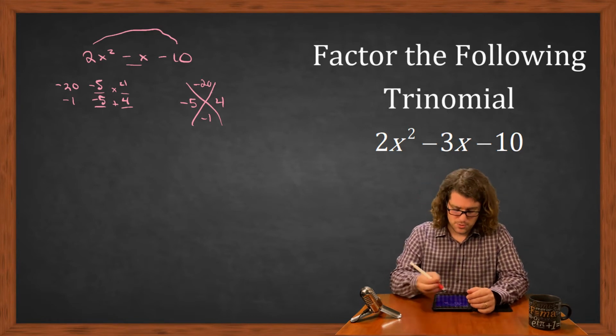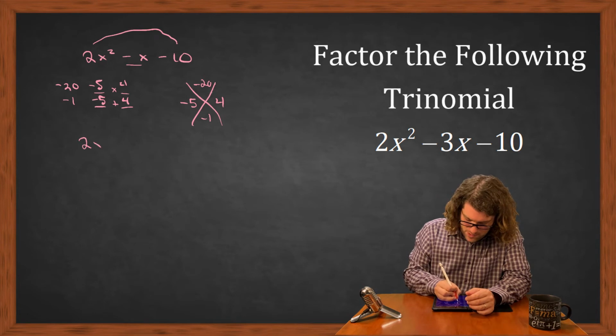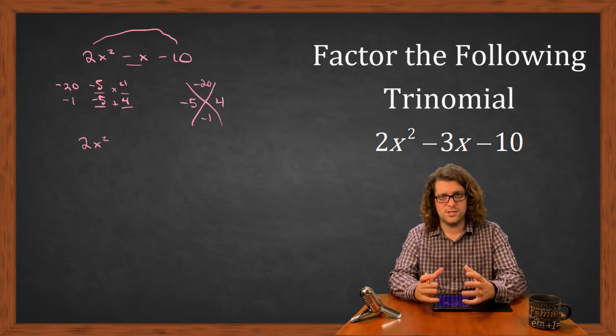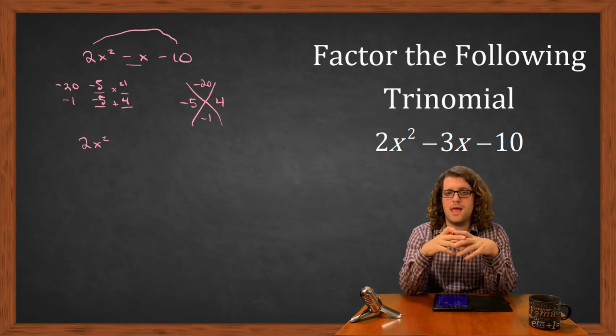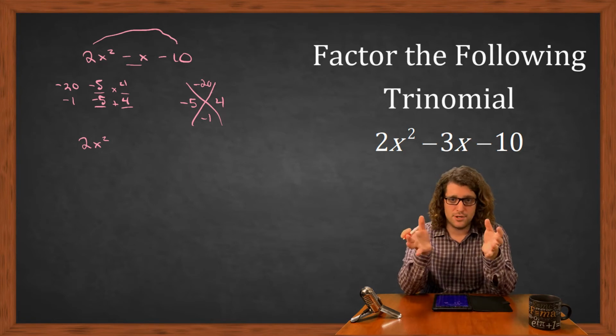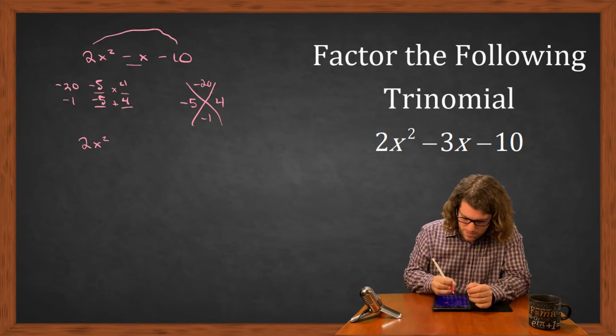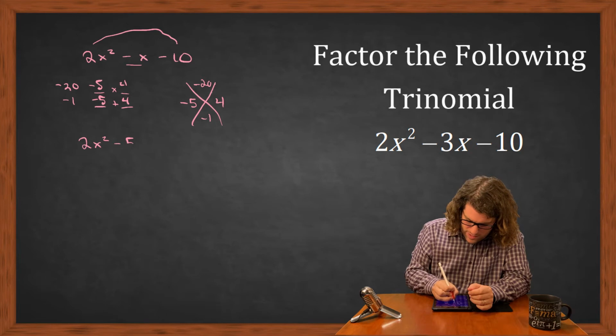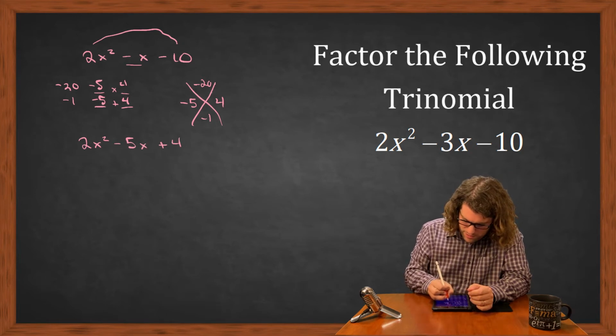Now what we're going to do is rewrite the original statement, but we're going to do a decomposition. We're going to take that middle term and write it as two separate terms instead. So those two separate terms are going to have the negative 5 in it, so negative 5x, as well as the positive 4.